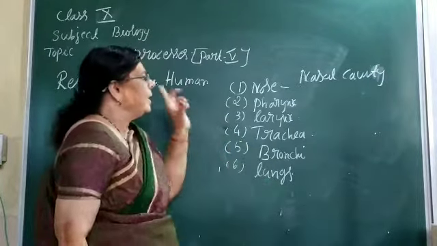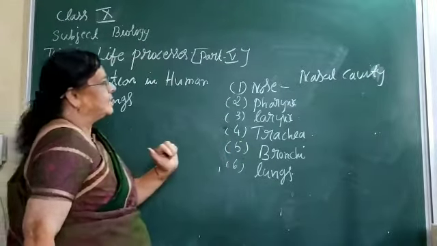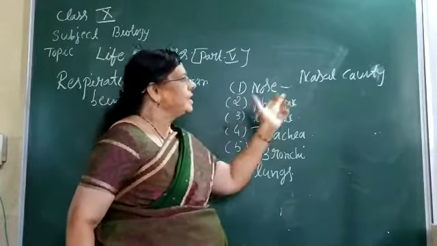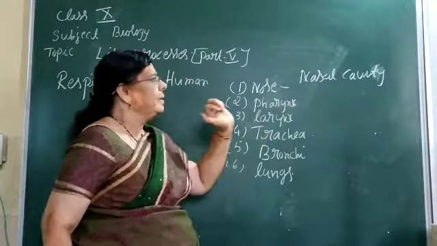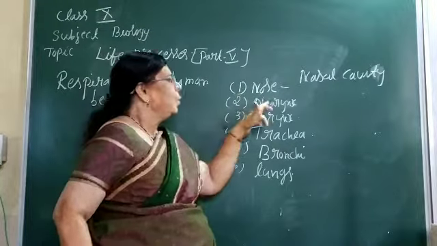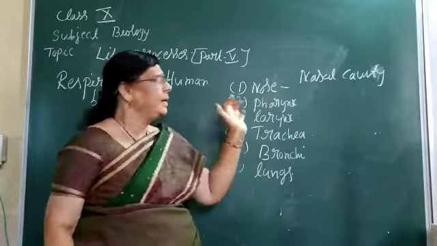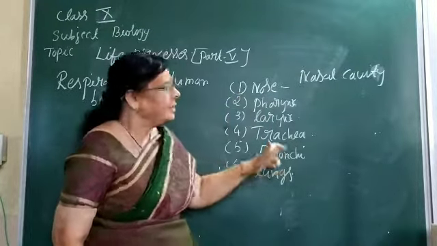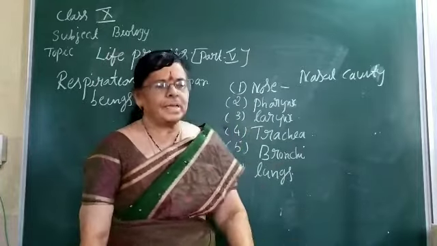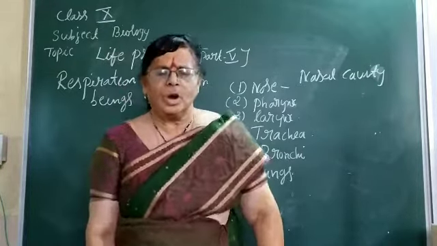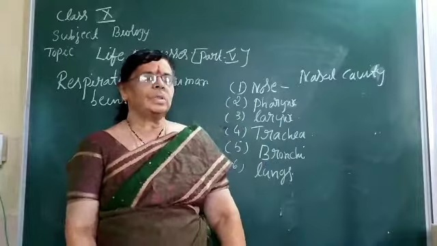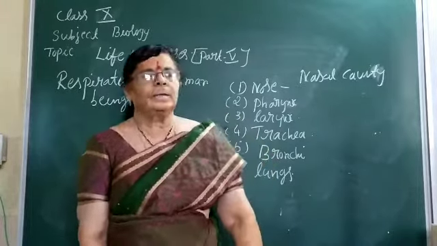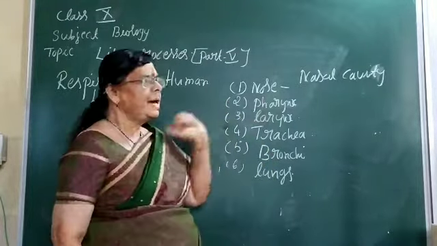When I explain the mechanism, I will brief you about the importance of the nasal cavity. The nasal cavity opens into a chamber called the pharynx. The pharynx is one common passage for both the respiratory and the digestive tract to pass through.